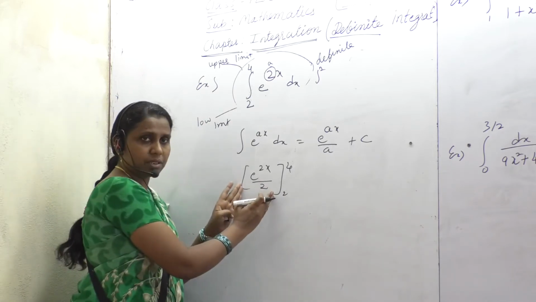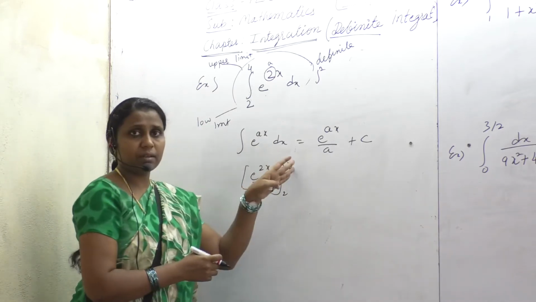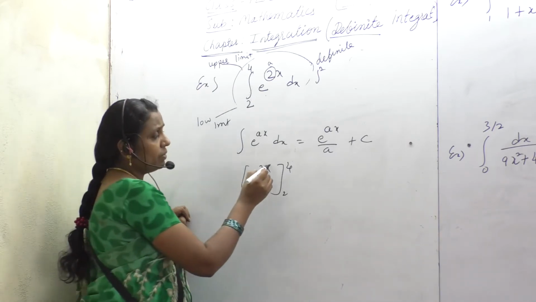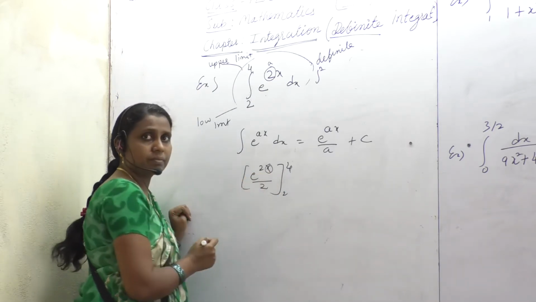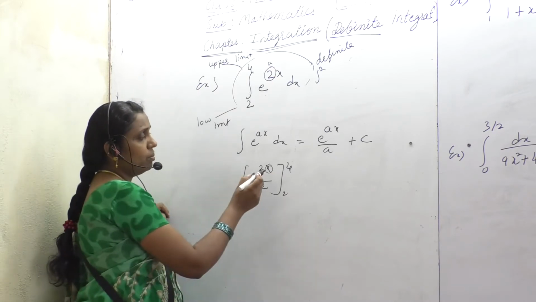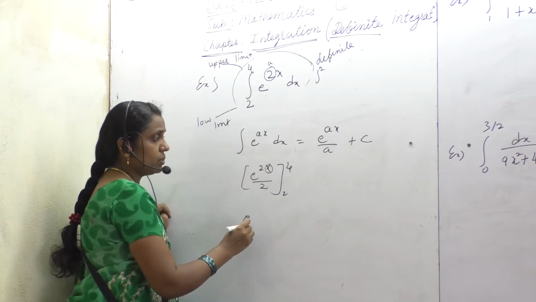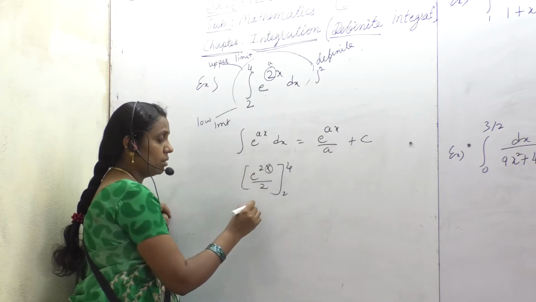Integration is done, and the limits you have to take for the further simplification. 2 to 4. In place of x, you have to make the replacement by the upper limit and lower limit. e raised to 2 into 4.